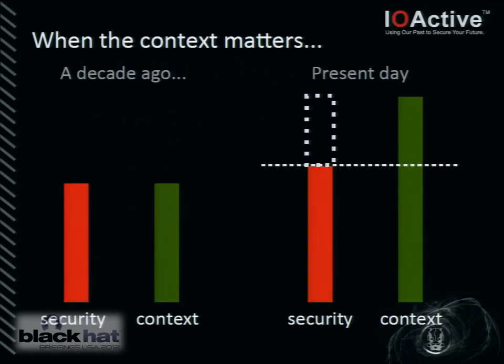Let me briefly introduce the context of the situation. Maybe a decade ago, the security and the context where the industrial control systems were living was in balance, because obviously industrial control systems have been there for years, and we weren't too used to hearing about explosions.